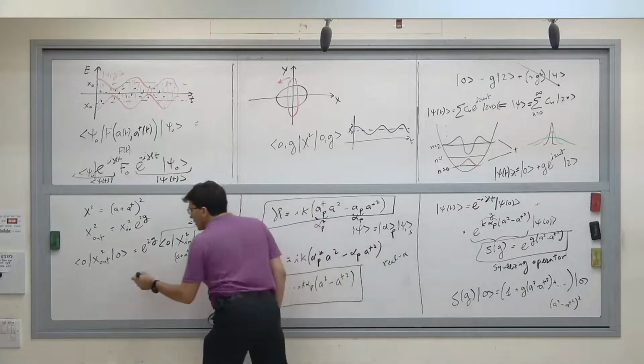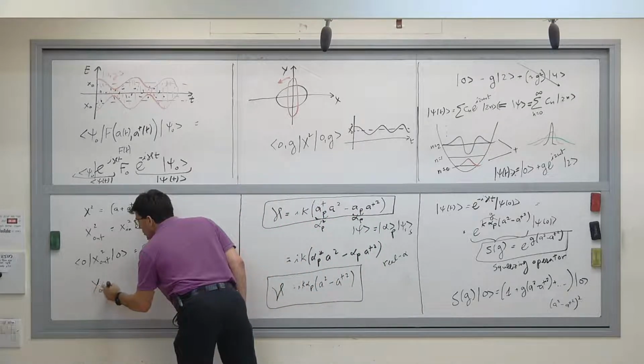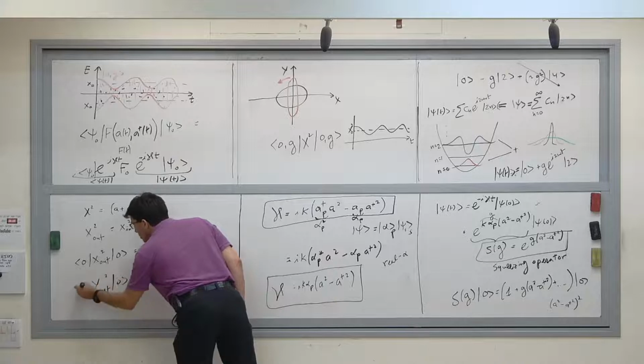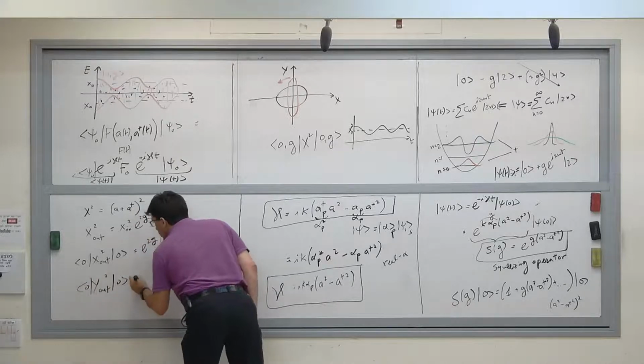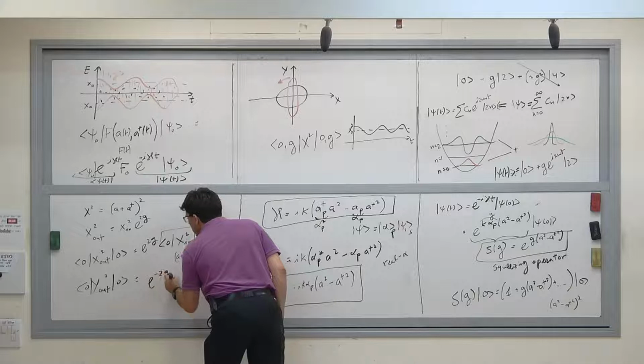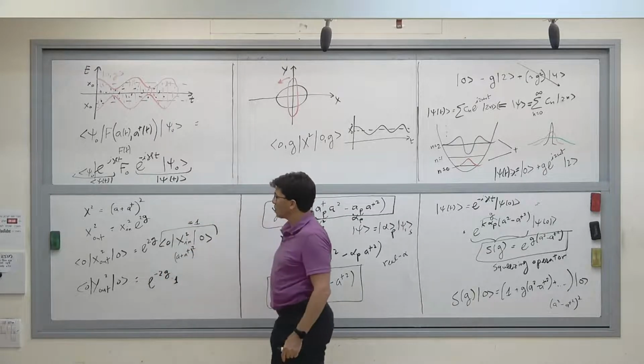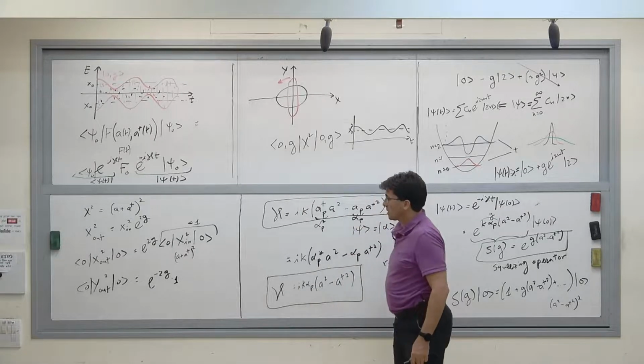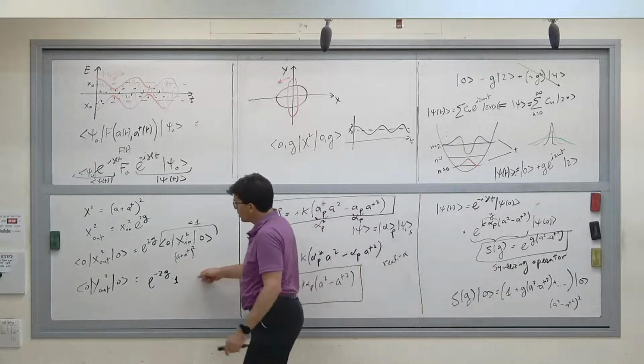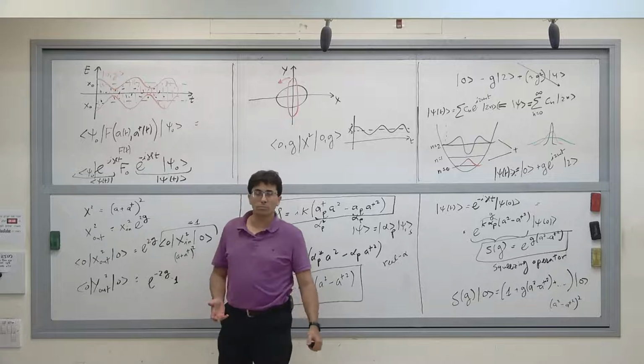Of course, if I ask what is y out squared, that would be e to the minus 2g times 1. The multiplication is still unity, but this one goes below vacuum.